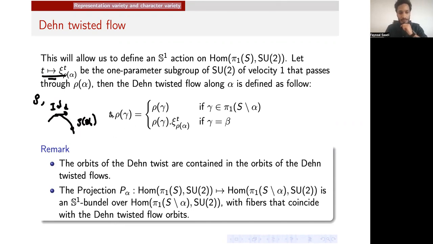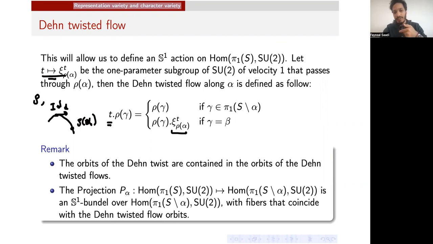So we have an S1 action on the representation variety. Instead of multiplying by rho of alpha, we multiply by the whole subgroup. So at time t, we multiply by the point t in the subgroup when gamma is equal to beta.